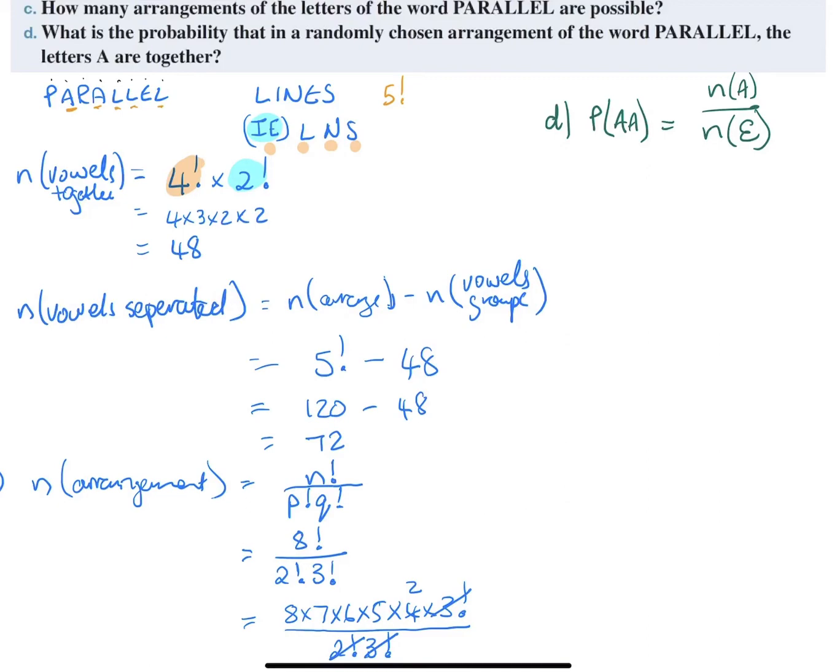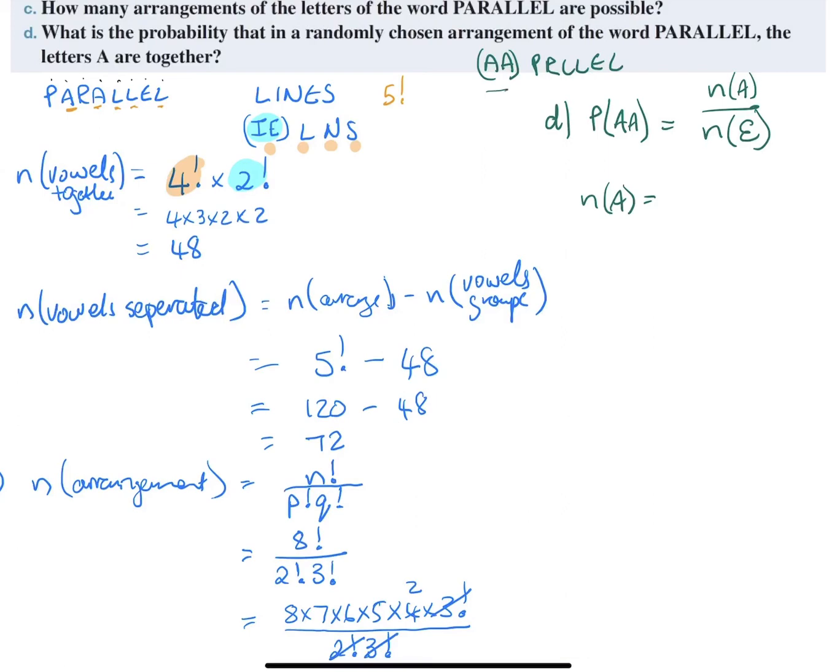So let's look at the number of arrangements. For the A's to be together, I can put A and A together in a group, and then I have P, R, L, L, E, L.